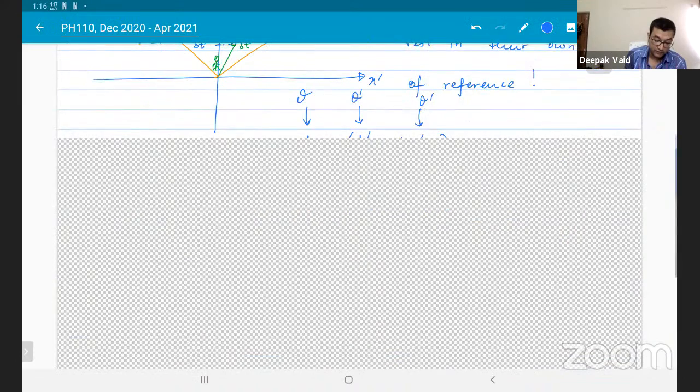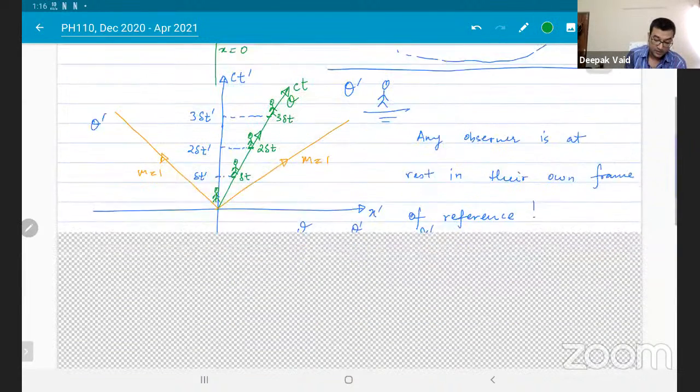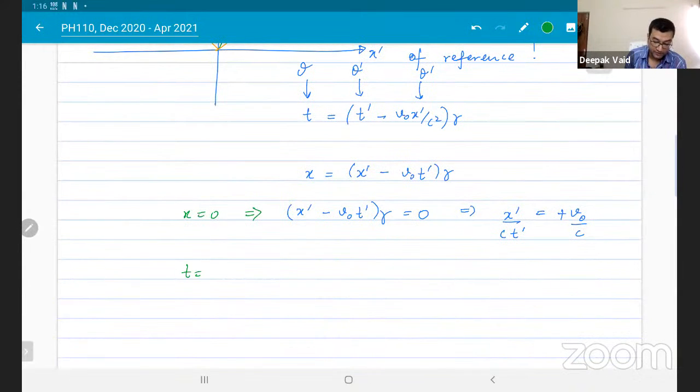All right. What about the space axis? Now the space axis corresponds to what equation? It corresponds to T is equal to 0. If I say T is equal to 0, what happens in the prime coordinates?